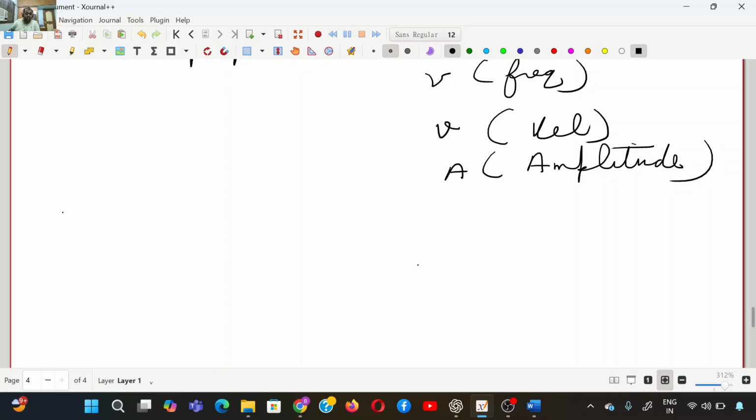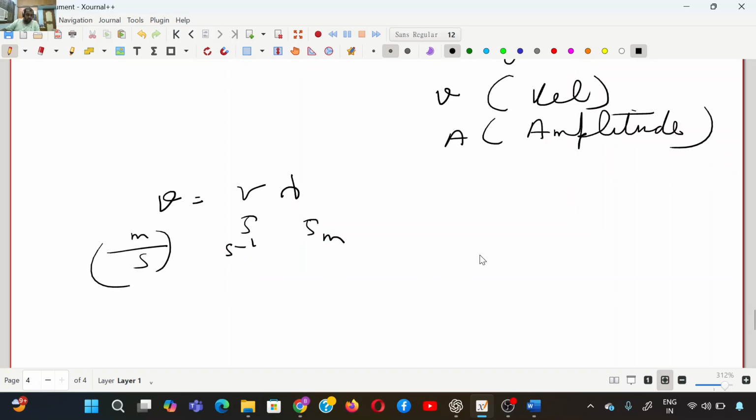So, a couple of equations. The velocity of a wave is just frequency into wavelength. This has units of second inverse, and this has units of length. So when you combine them, you'll have units of velocity, meter per second. This is the wave equation.